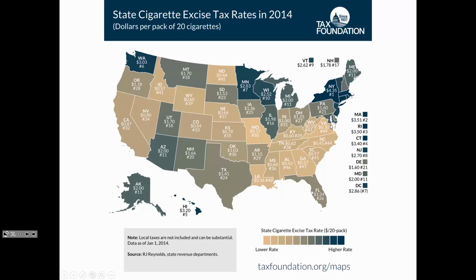Why is it that in the South we have lower cigarette taxes than in other places? Any thoughts about that? More people smoke, so they just won't stand for it? Okay, so maybe if more people are smoking, they're getting the income from it, so they don't need to have it as high.